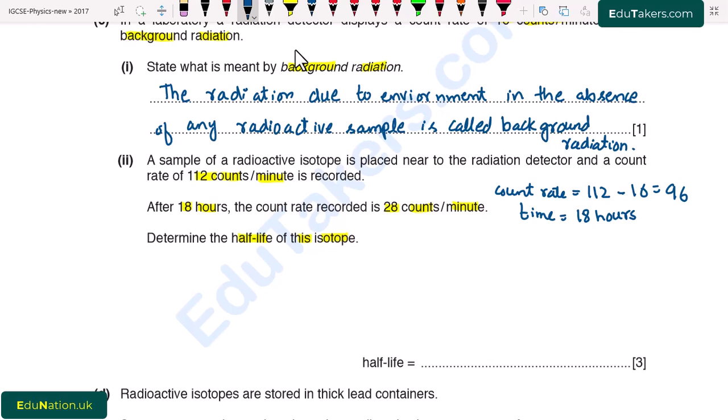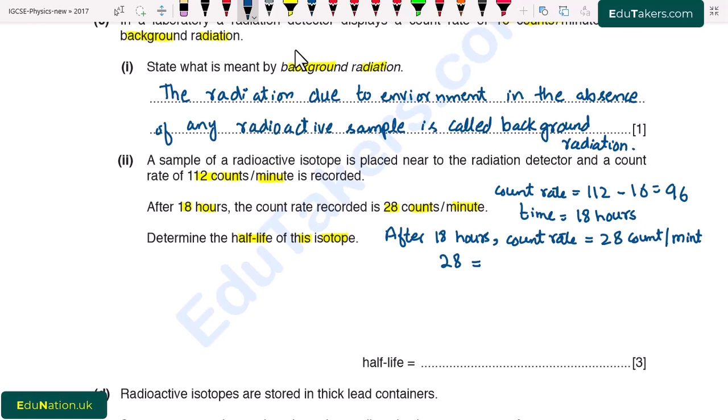So after 18 hours, the final count rate is equal to 28. So this 28 counts per minute is equal to background count rate plus radioactive isotope count rate.